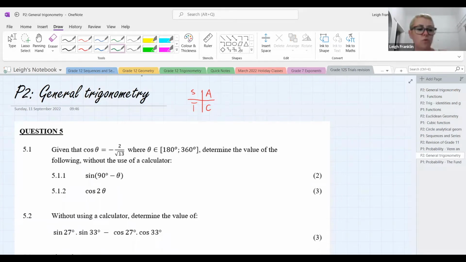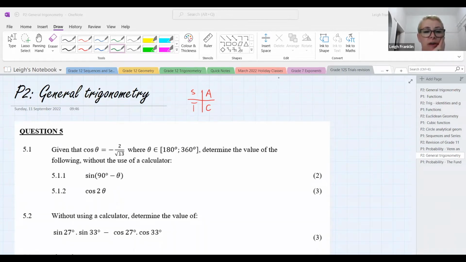In which two quadrants could we be working?